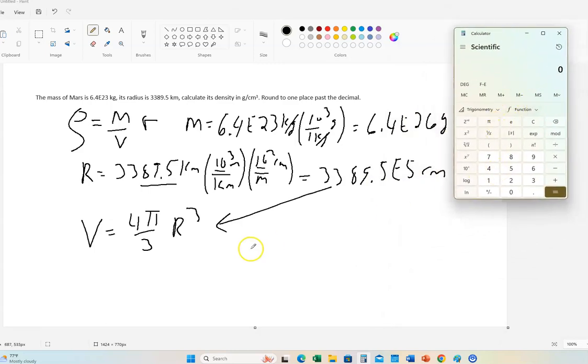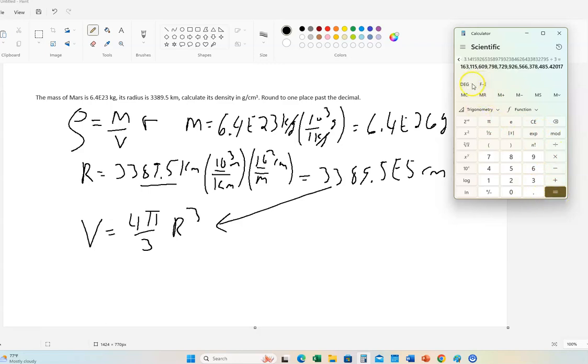All right, good. So I'm going to do the volume part first. So I'm going to take this number, 3389.5 times 10 to the fifth, and then I cube that, raised to the third power, and then times 4 times pi, divided by 3.